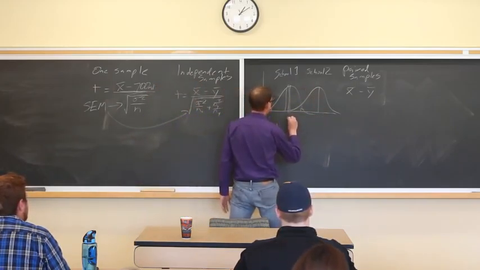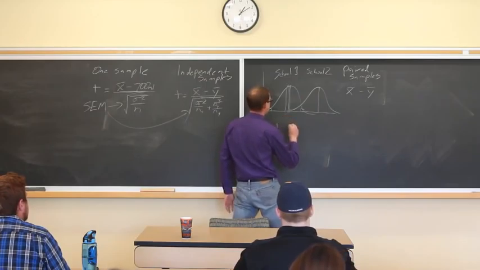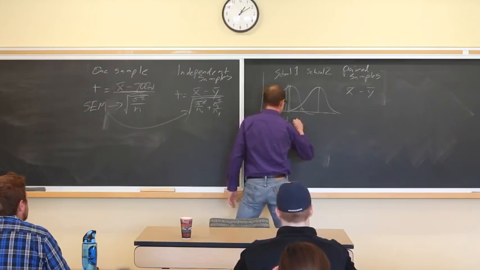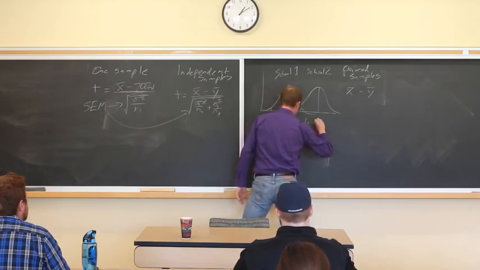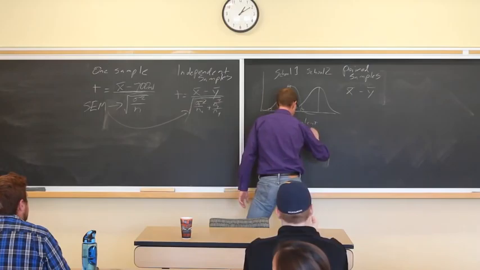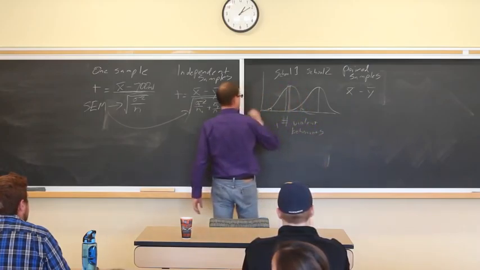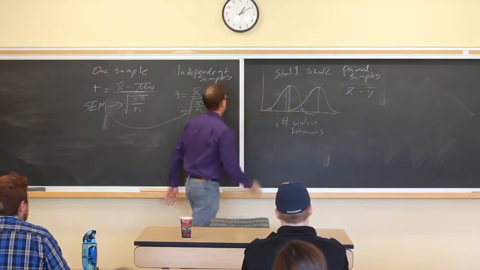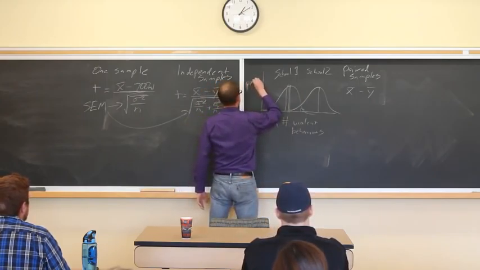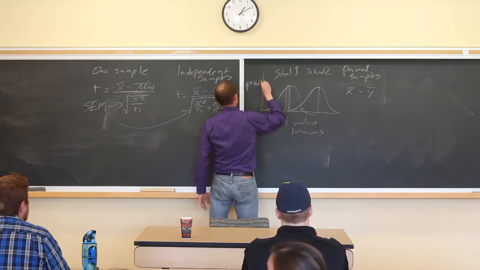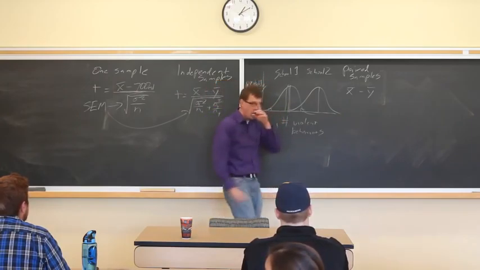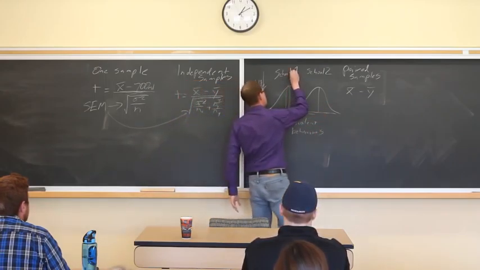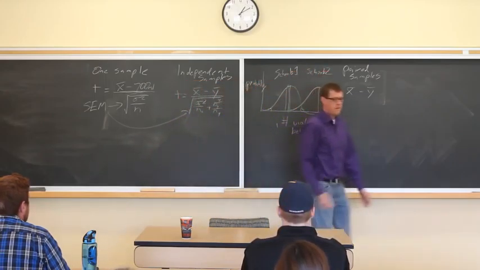So what do we have? The number of violent behaviors and probability. Okay, so we've got school 1, school 2, or schools, because we've got multiple.